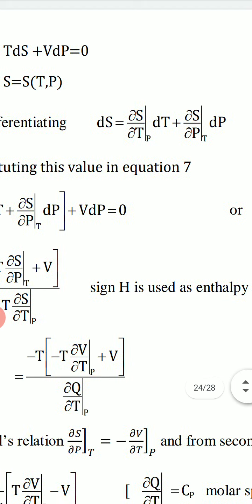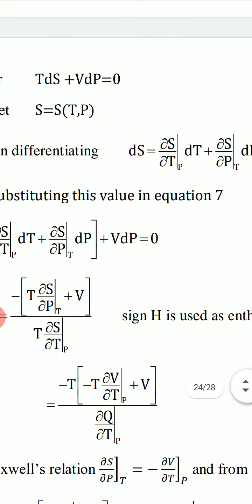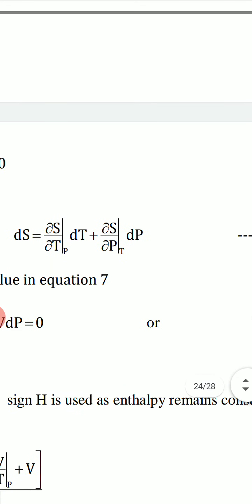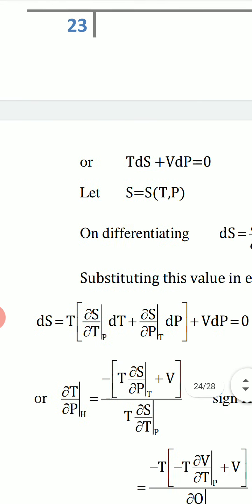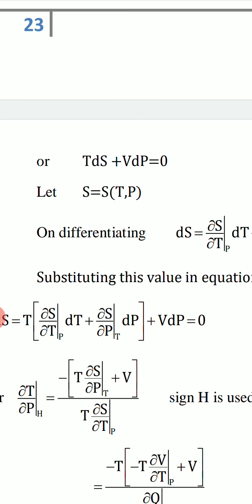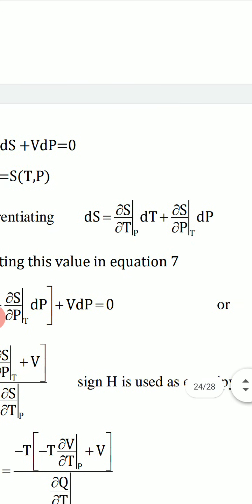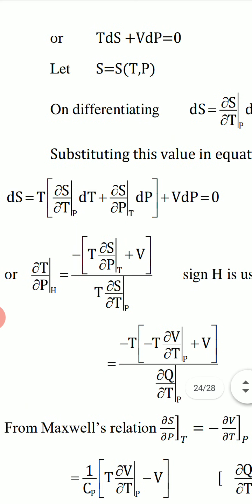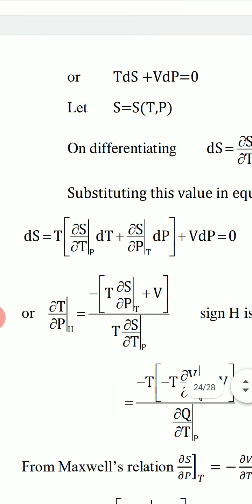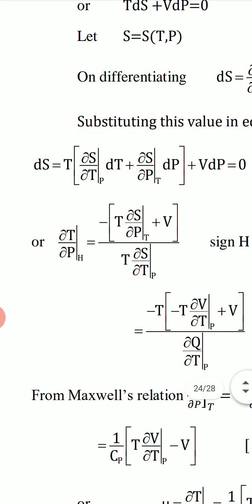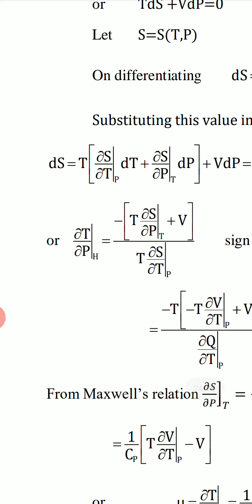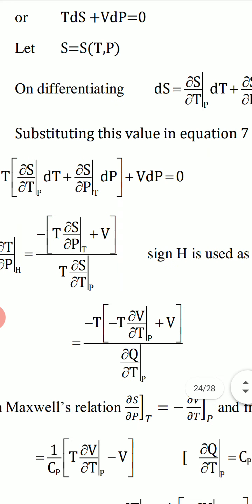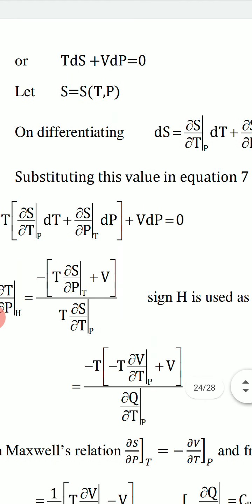Substituting this value in equation 7, put this value of dS in equation 7. Equation 7 is this: TdS plus VdP equal to 0. We put the value of dS in this equation.